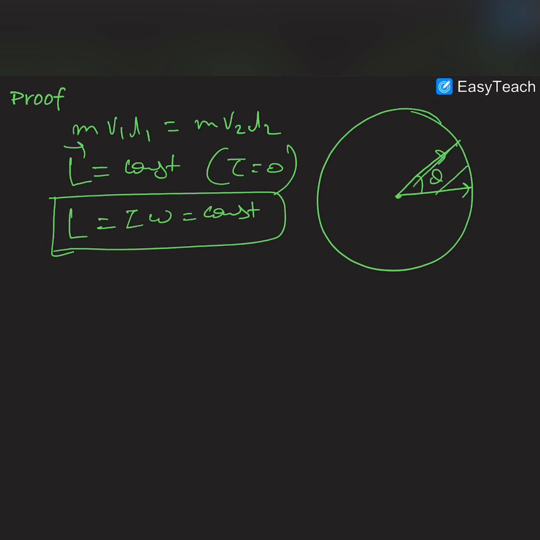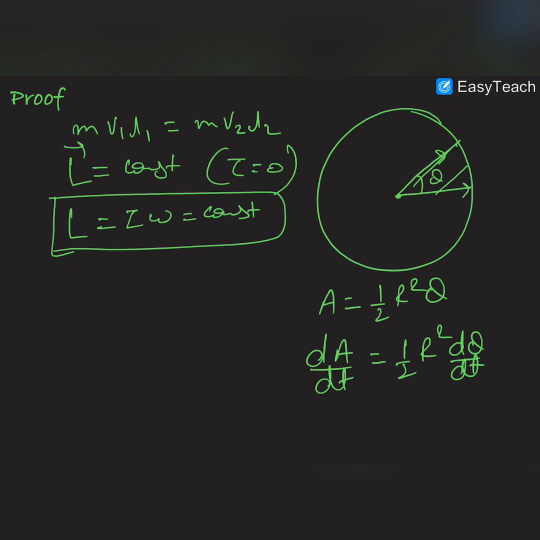covered by this position vector, which is the area of a sector A, is equal to half r square theta. And the rate at which this area changes, dA by dt, is half r square d theta by dt.